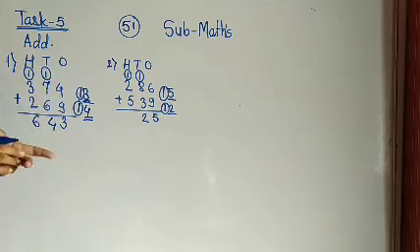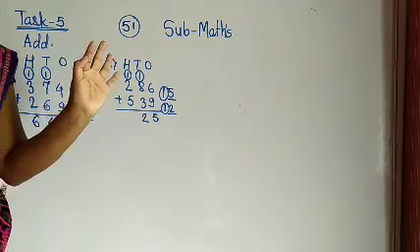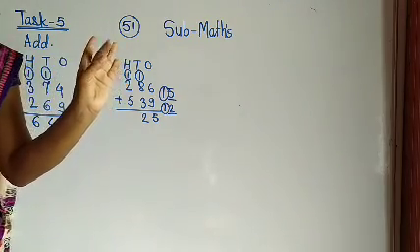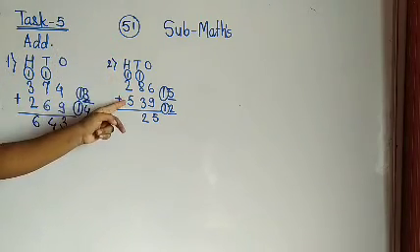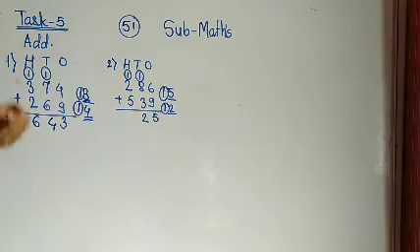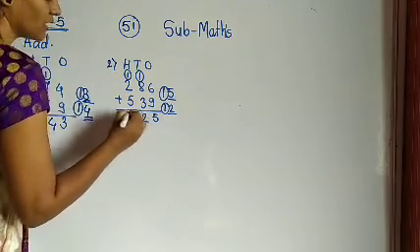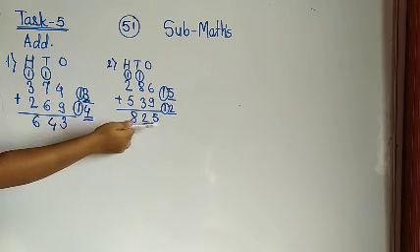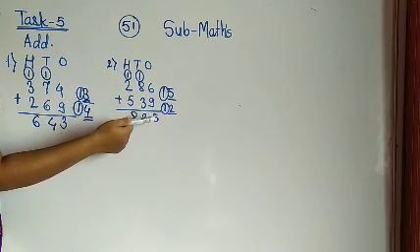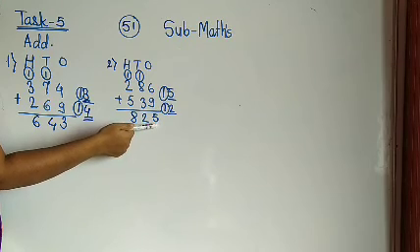After 2 count 5: 2, 3, 4, 5, 6, 7. How much is it? 2 plus 5 is 7 and 7 plus 1, 8.